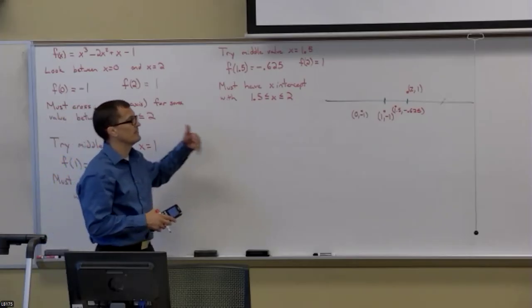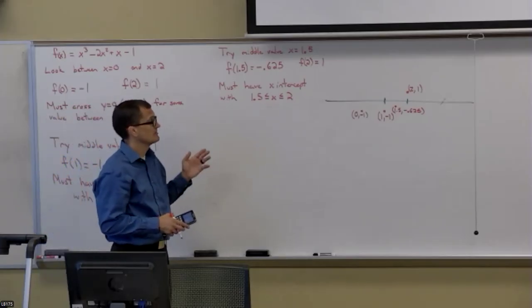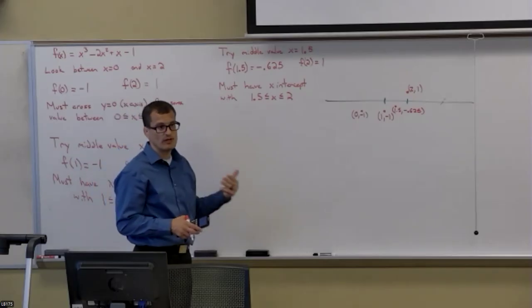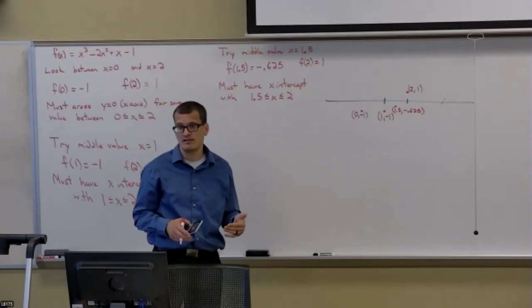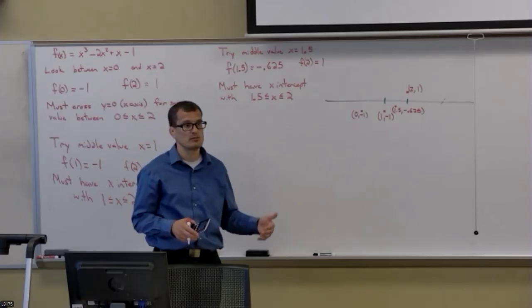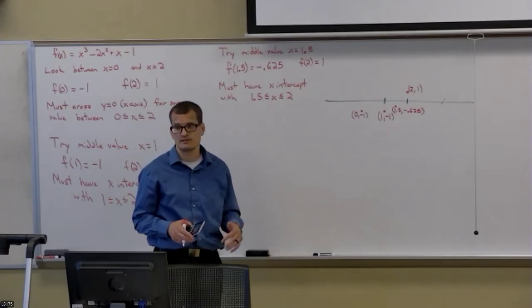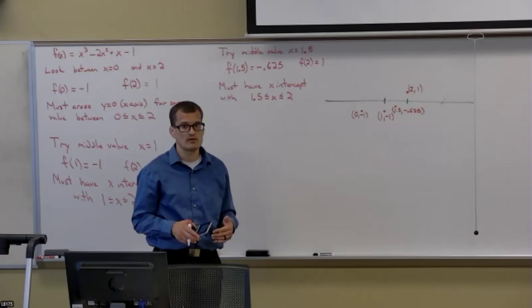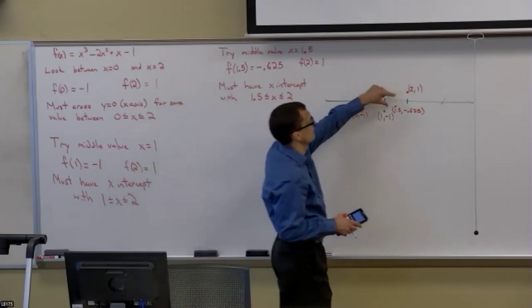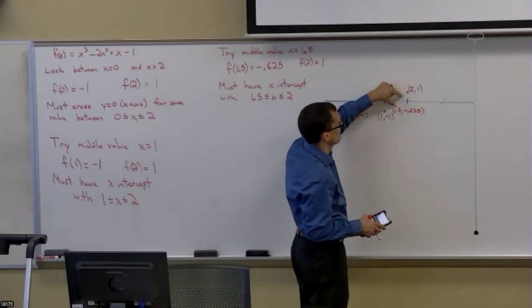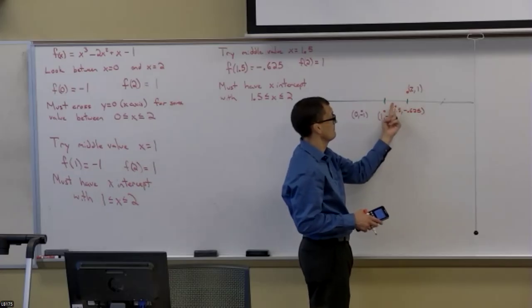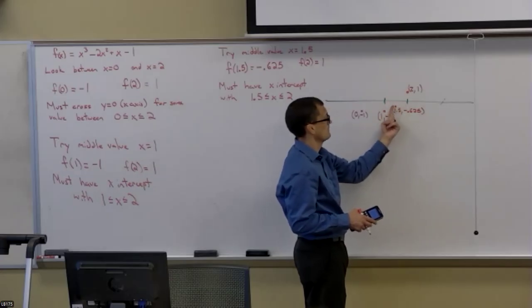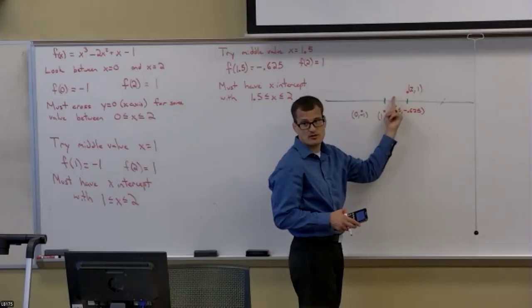And you can do the same thing now again for 1.75. That'd be the middle value between 1.5 and 2. And then you can do the middle value between 1.75 and 2 with the next one, and so on and so forth. And if you ever do cross over, then you would use just the first one that's negative and the first one that's positive, the closest to.